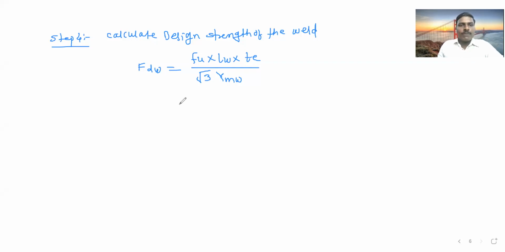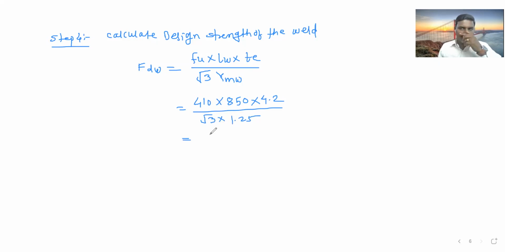Okay, so now follow the procedure. What is the value of Fu? 410, correct? LW is how much? 850 into TE, so thickness is 4.2. Then root 3 into 1.25. Got it?